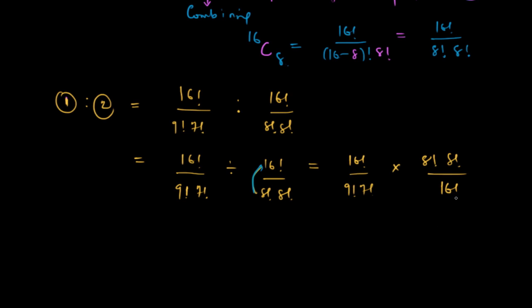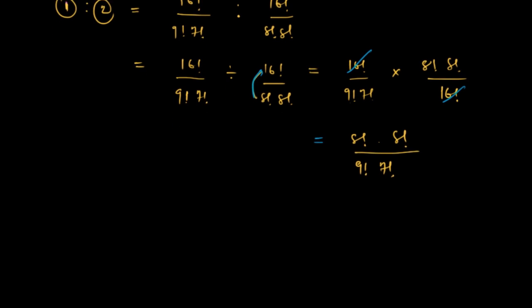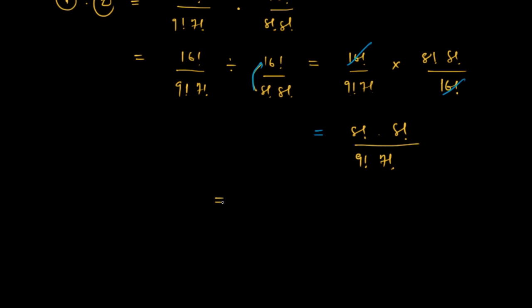This 16 factorial crosses out 16 factorial. So what you're left with is 8 factorial times 8 factorial divided by 9 factorial times 7 factorial.